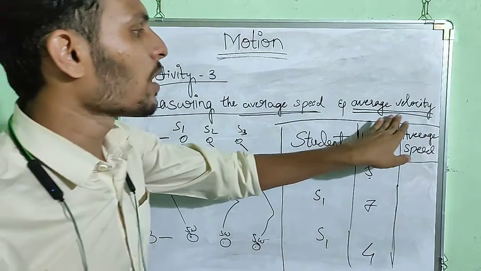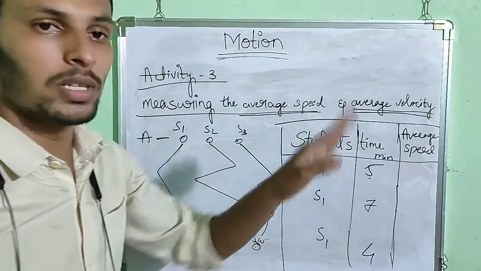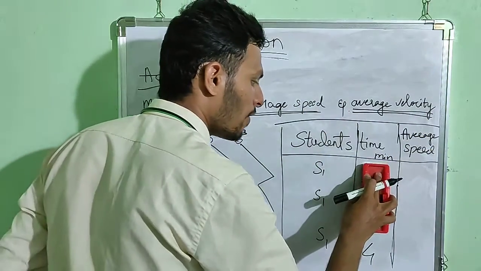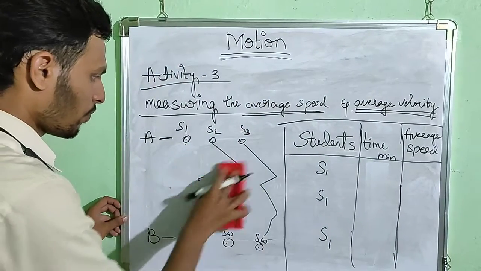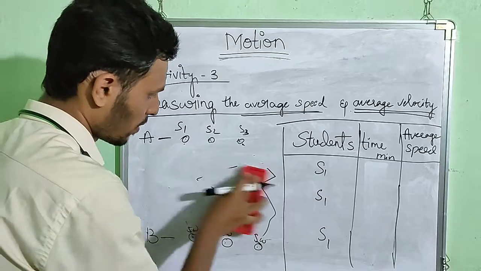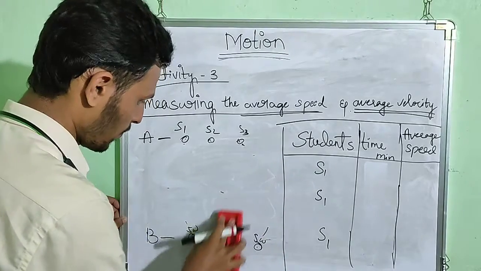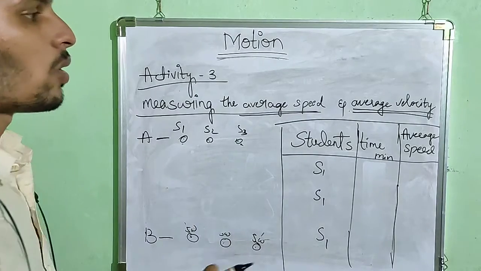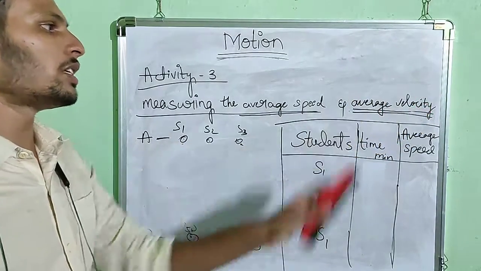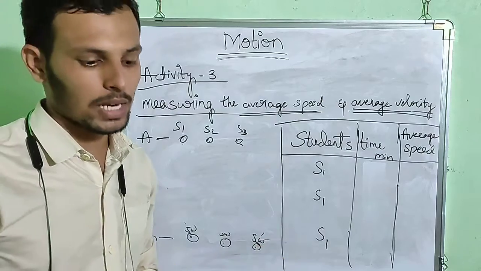Now we'll see how to calculate the average velocity. We all know that velocity, or displacement, has a particular direction.